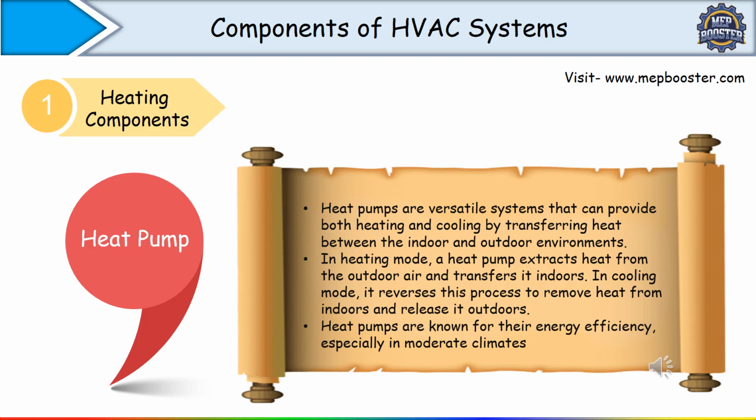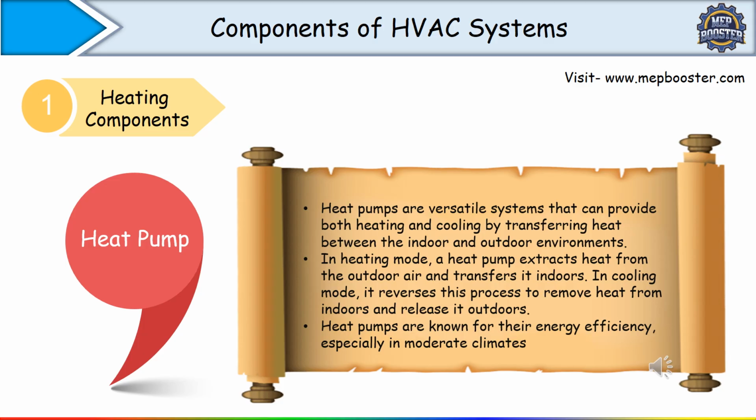We have different components of a heat pump system like outdoor unit, indoor unit, refrigerant line, expansion valves, thermostats. These components work together to provide efficient heating and cooling by transferring heat between the indoor and outdoor environments.